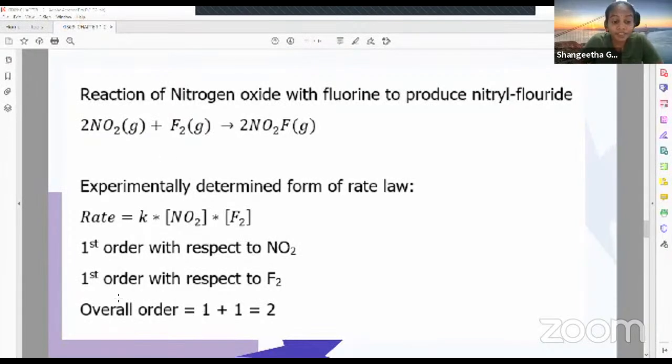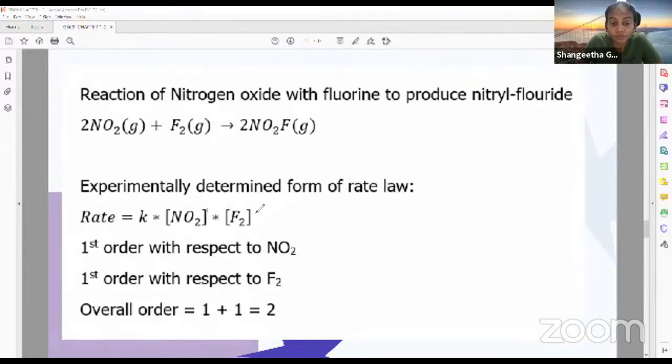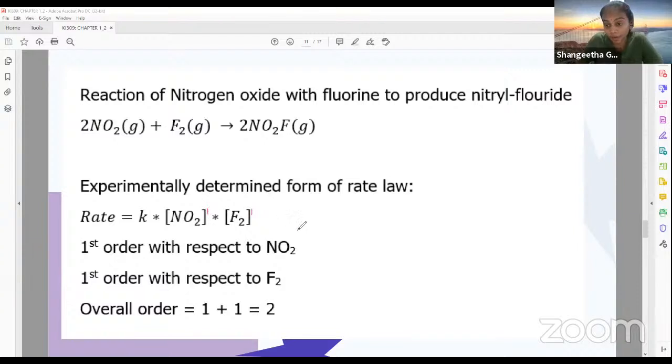You are given the information that it is first order with respect to NO2 and first order with respect to F2. Again, if it is first order, usually you don't have to write the power. If it is 2 and above, you will write it. Now the overall order will be this one plus this one, so the overall order of this reaction is 2.